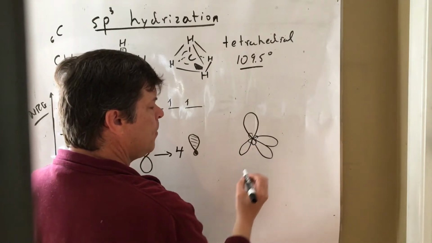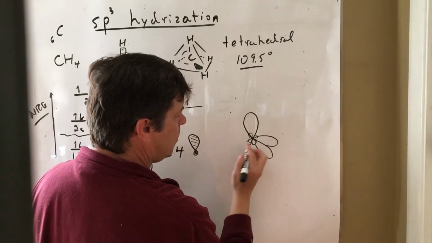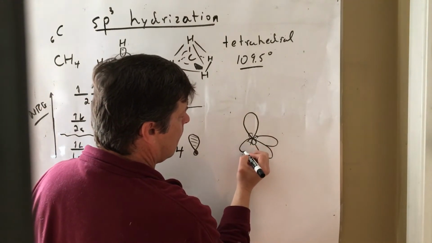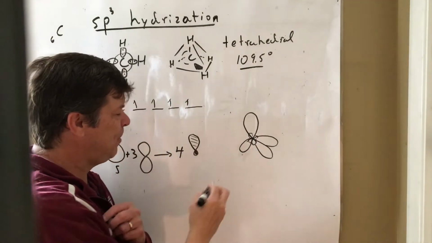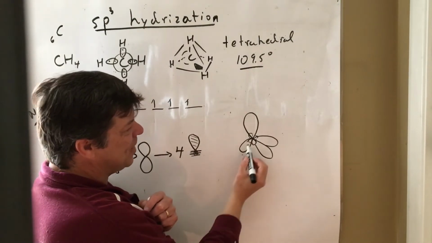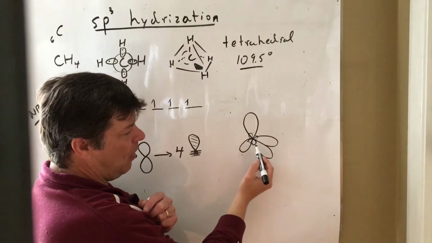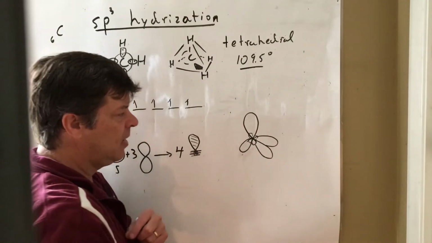Okay, that's not too bad. Let me make this a little bit bigger. Typically, we don't even draw that, so from now on, maybe I won't even draw the s portion of this.